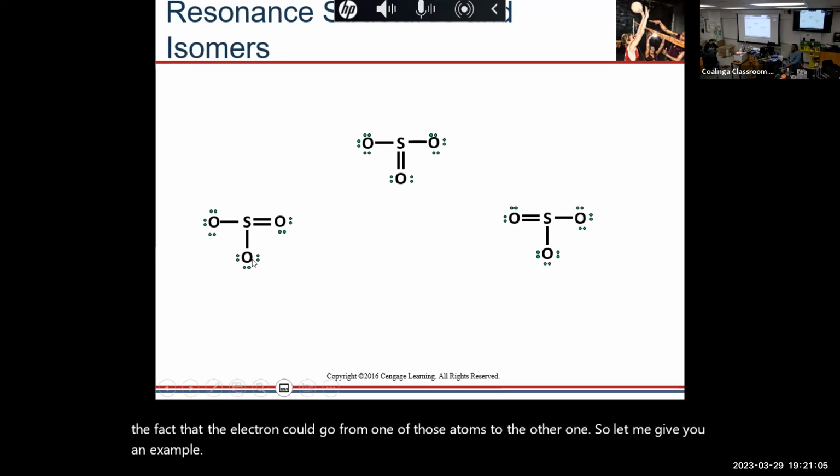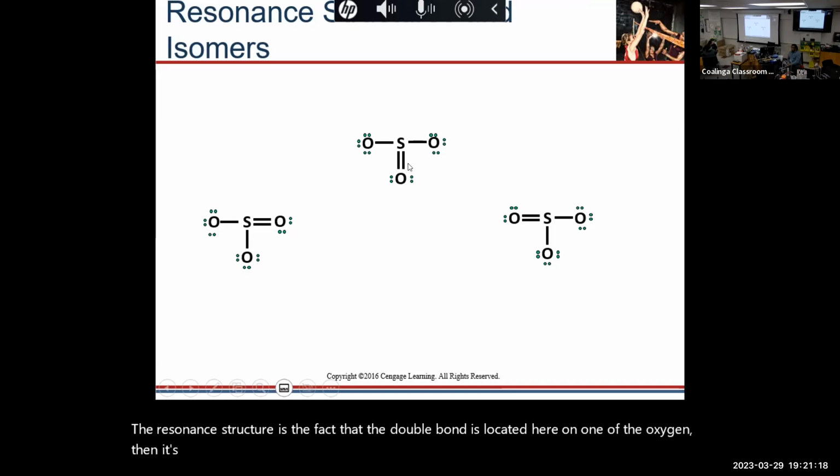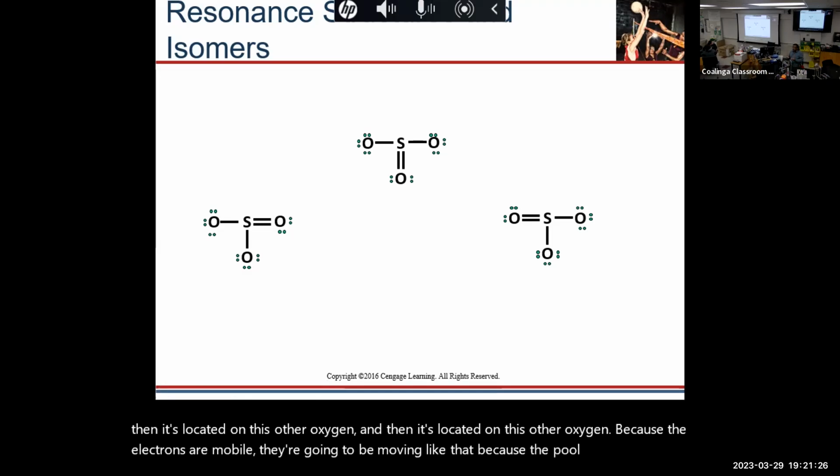So here we have 3 oxygens. The resonance structure is the fact that the double bond is located on one of the oxygens, then it's located on this other oxygen, and then on this other oxygen. Because the electrons are mobile, they're going to be moving like that, because the pull on all of those is going to be the same.